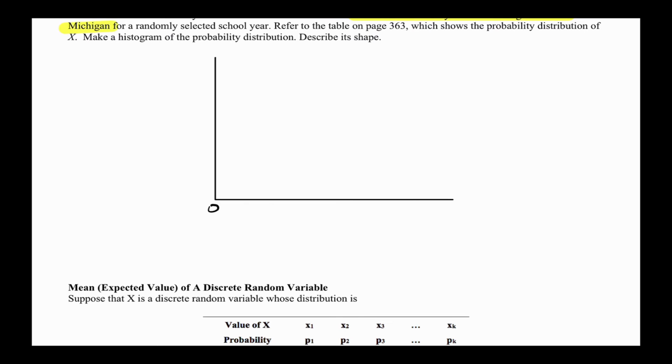So 0, 1, 2, 3, 4, 5, 6, 7, 8, 9, 10. Those are snow days. Units are days.